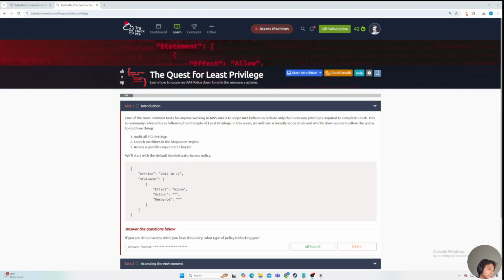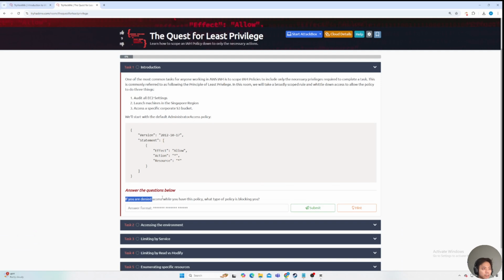Okay, right here. If you are denied access while you have this policy, what type of policy is blocking you? If I'm having this policy and I'm still being denied, it means that a service control policy is blocking me, because that one is only applied for AWS Organizations.